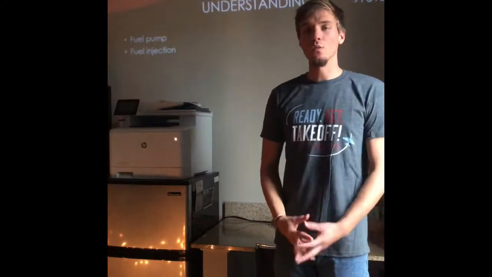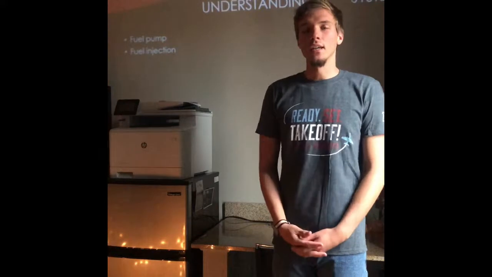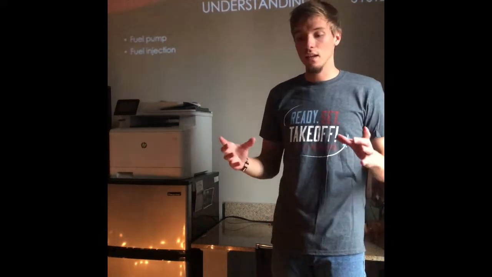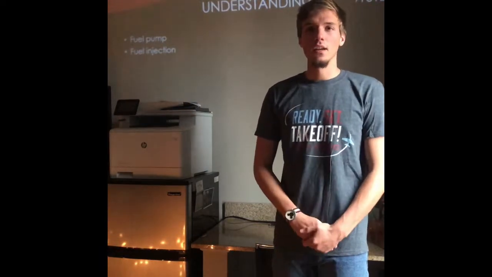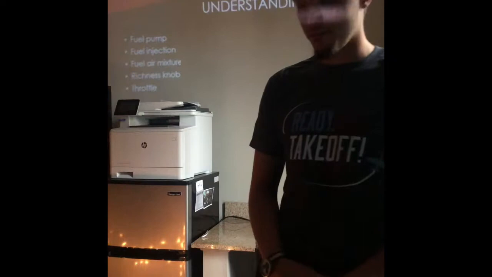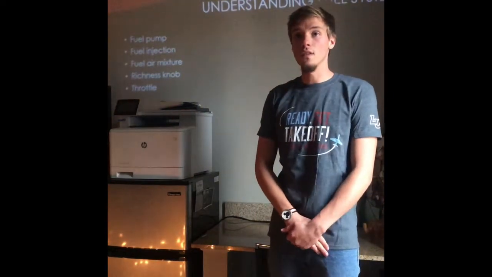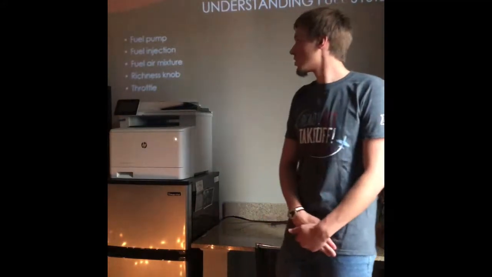For fuel injection, we have this in place of a carburetor in older Cessna aircraft. This is injected directly into the piston casing, in which it is mixed with air and fuel to create a combustion.